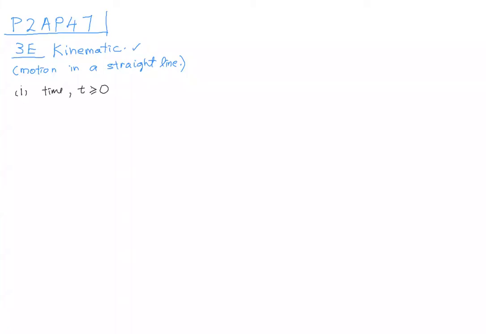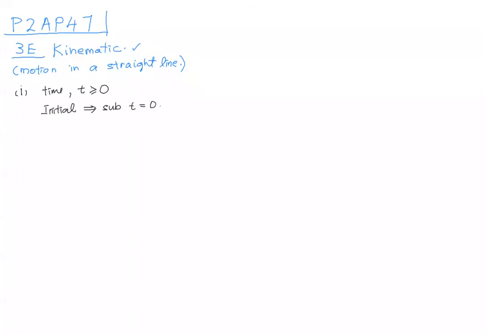If you see the word initial, you know that you have to substitute T equal to 0.